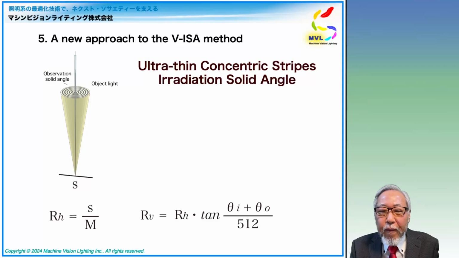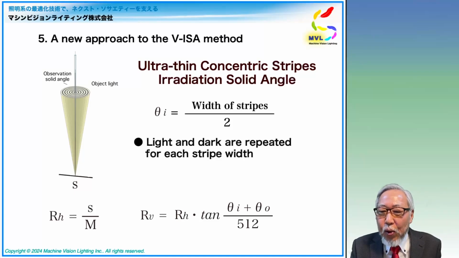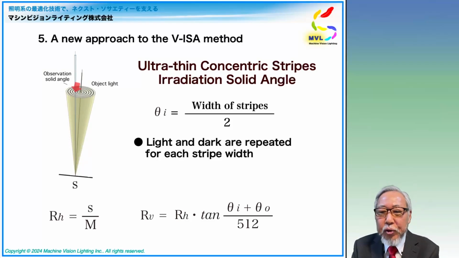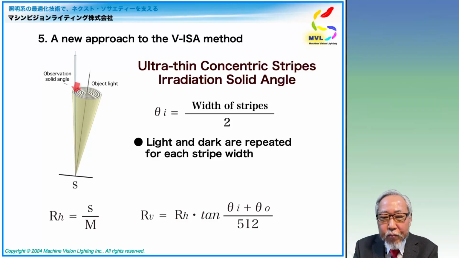For example, we can now irradiate any point on the object surface with what might be called the ultimate ring lighting, where light and dark alternate with a difference of just 0.1 degrees. This means that even if it is flat or tilted, the same information can be obtained if the angle changes in the same way.